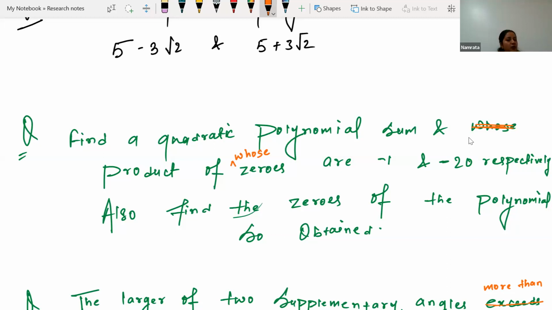First, we have to find the quadratic polynomial by using the sum and product, and then we also have to find the zeros of the polynomial so obtained.